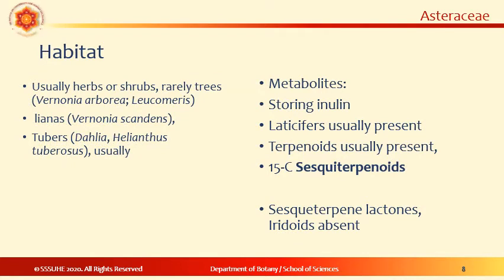In Asteraceae, the energy is stored generally in the form of inulin rather than starch. They produce sesquiterpene lactones, various alkaloids, acetylenes, and tannins. These have terpenoid essential oils.